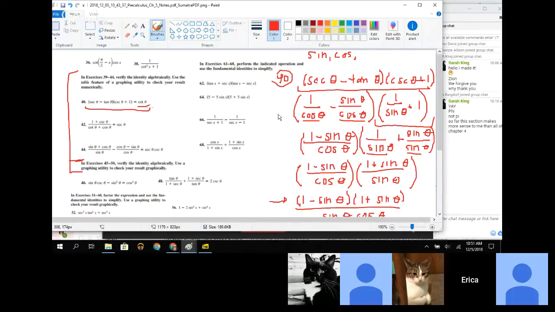Oh, good, Sarah. I'm glad to hear it. Yeah, it's a lot of detail, but instead of trying to use the unit circle to figure out what the values are, this is just playing with the functions algebraically to find it.